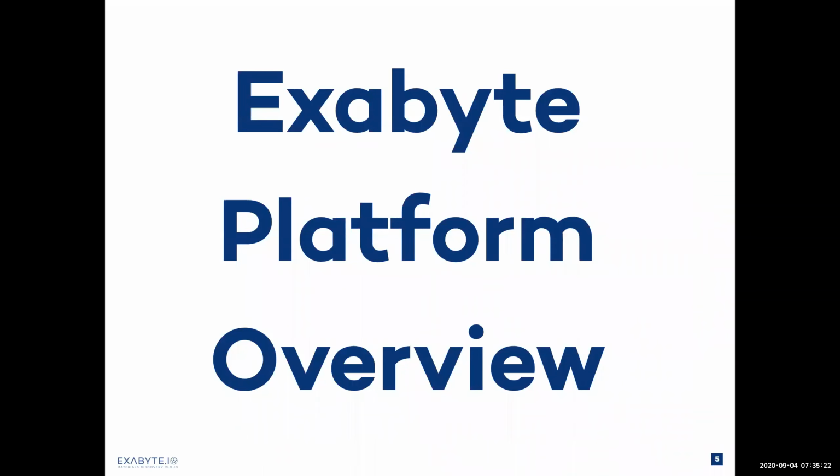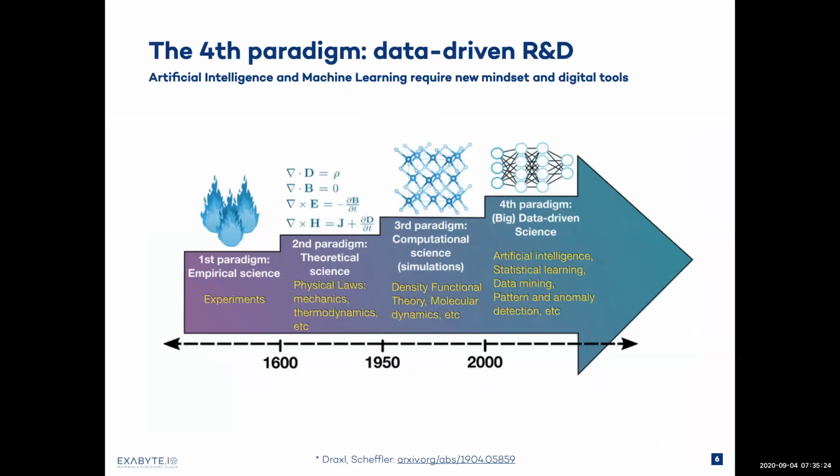Okay, so let's start with the Exabyte platform. If you think about how the R&D landscape evolved over the last 10, 20 years in particular, we'll see that there's a new paradigm, the data-driven science paradigm, where we don't just rely on experiments, theory, or single computation, but we rely on aggregating the data that comes from these first three domains, and then applying artificial intelligence and machine learning on top of this data.